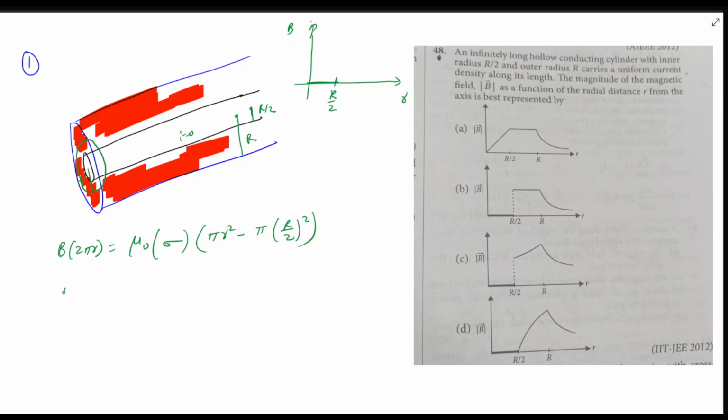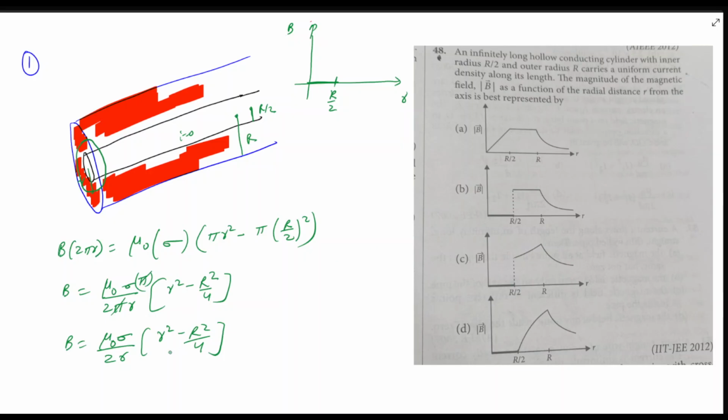So we'll get the magnetic field as mu naught sigma upon 2 small r, and taking pi common, this will be r square minus capital R square by 4. Perfect. So pi will get cancelled and we're left with mu naught sigma upon 2 small r times small r square minus capital R square by 4, and this holds till capital R.